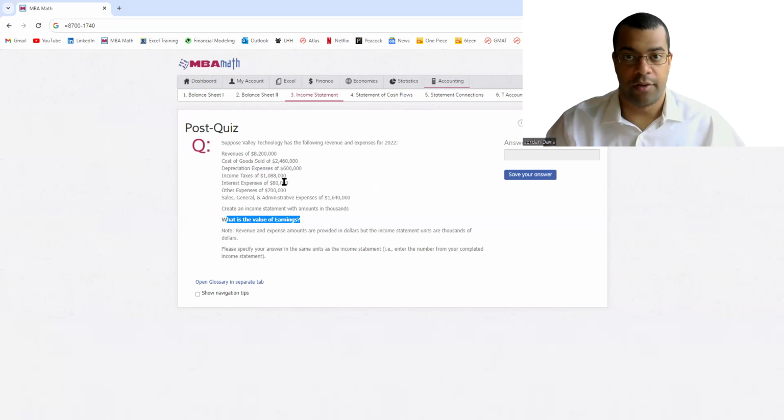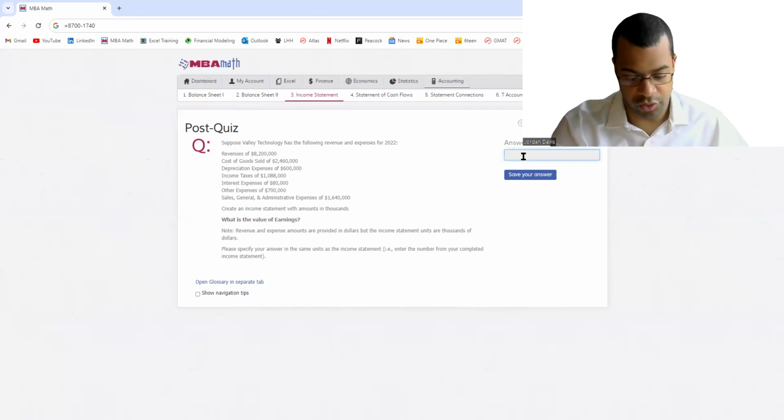But for MBA math, you can subtract it from the top. Just go revenue minus COGS minus depreciation expense minus income tax minus other expenses, SG&A. Just so you intuitively know, if you're doing an income statement approach, you should always start revenue, COGS, depreciation, other expenses, SG&A, interest expense, then taxes.